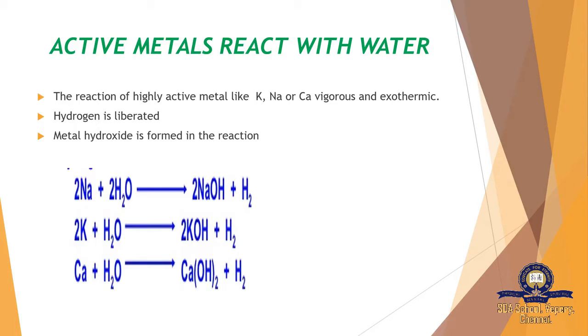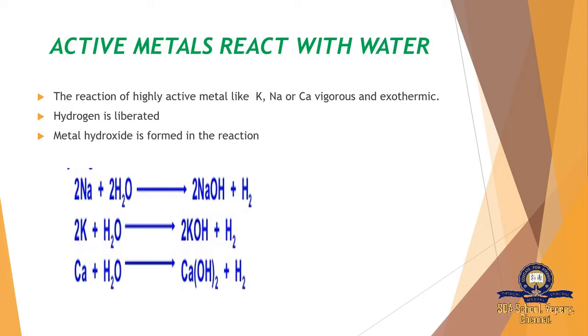this reaction. Our next reactive metal is potassium. Potassium is reacting with water to form potassium hydroxide, and then again hydrogen gas comes out. And then the last and final active metal is calcium. Calcium is reacting with water to form calcium hydroxide and then hydrogen gas.